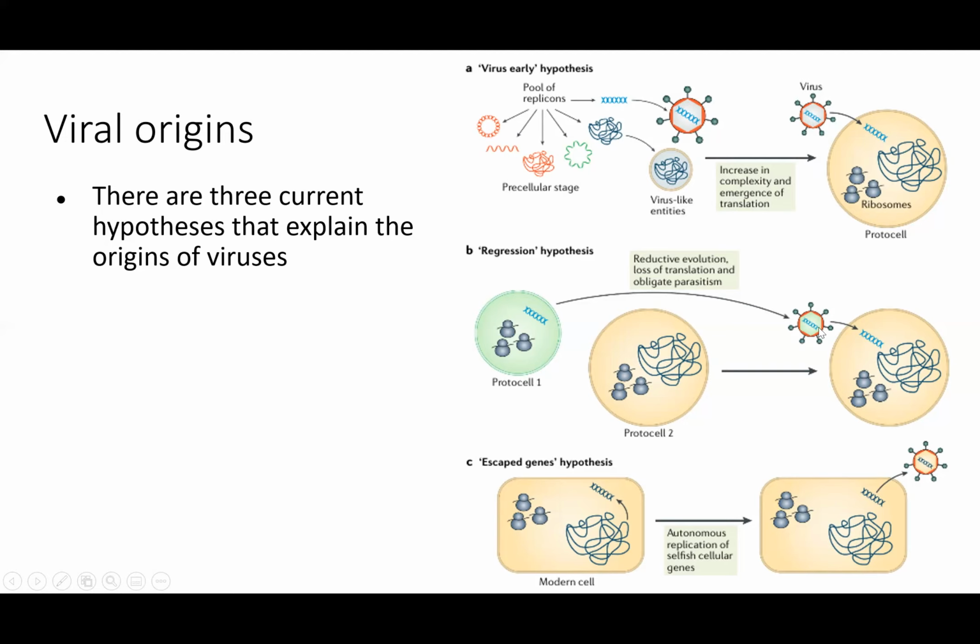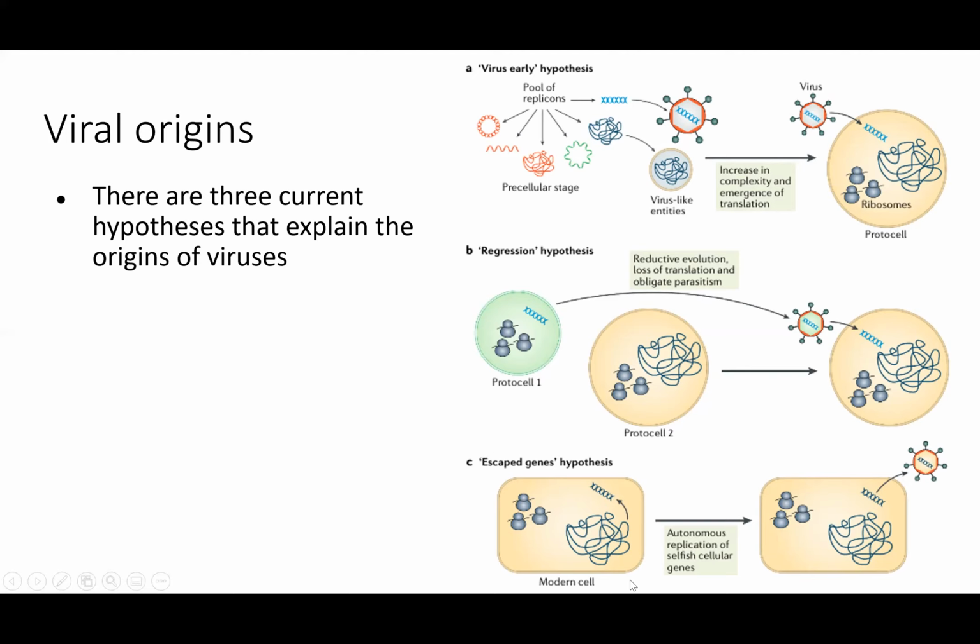There's the regression process, where there was either a protocell or a primitive bacterium or archaeon or even a eukaryote, and it underwent reductive evolution due to being a parasitic organism. When you're a parasite, you shed all sorts of genes, and as it shed more and more genes, it transitioned to becoming a virus.